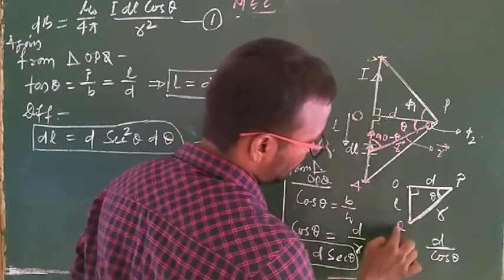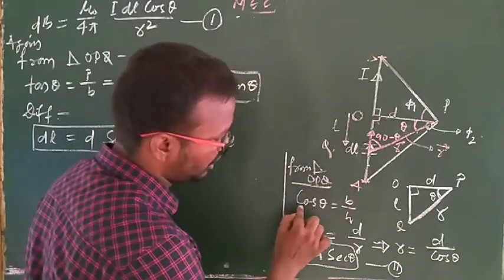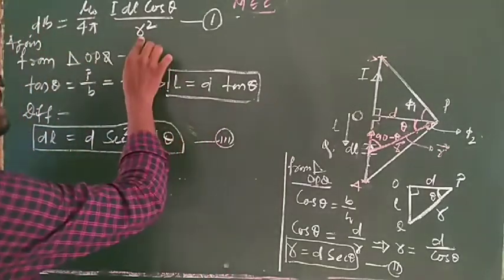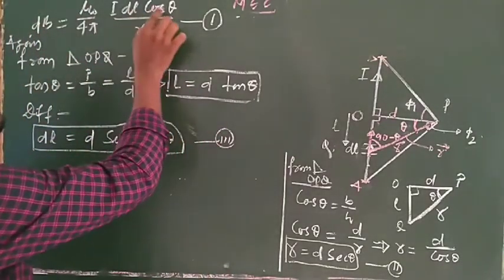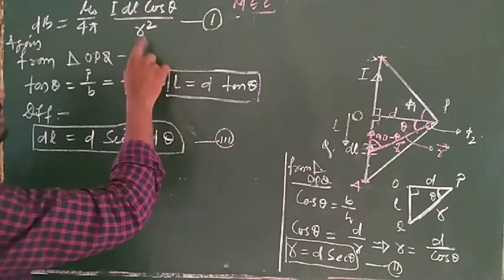So this is OQ, OP, and PQ. Clear? Because here we have to find the value of r and the value of dl. There are three variable quantities: dl, cos theta, r square. So first we have to find r.